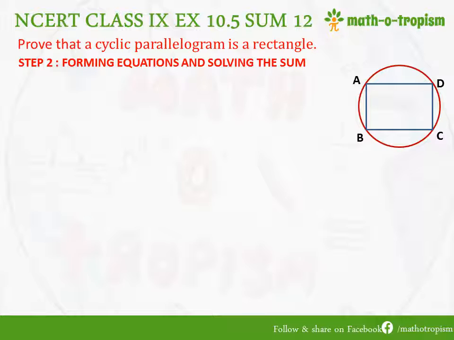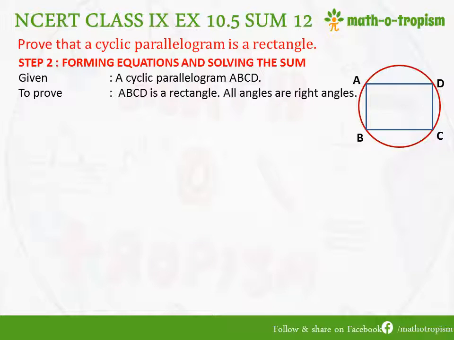So proceeding, forming equations and solving the sum. Given is a cyclic parallelogram ABCD, and we need to prove it is a rectangle. We will consider the angles are right angles. So angle ABC is equal to angle ADC is equal to angle BAD is equal to angle BCD, which is 90 degrees.